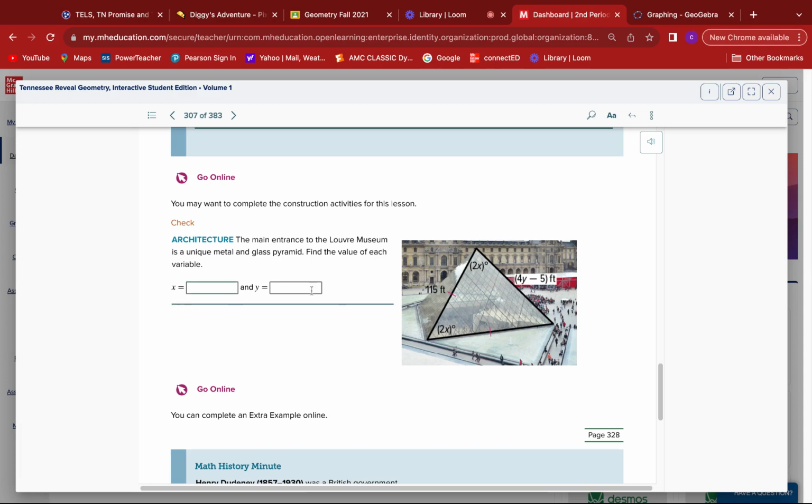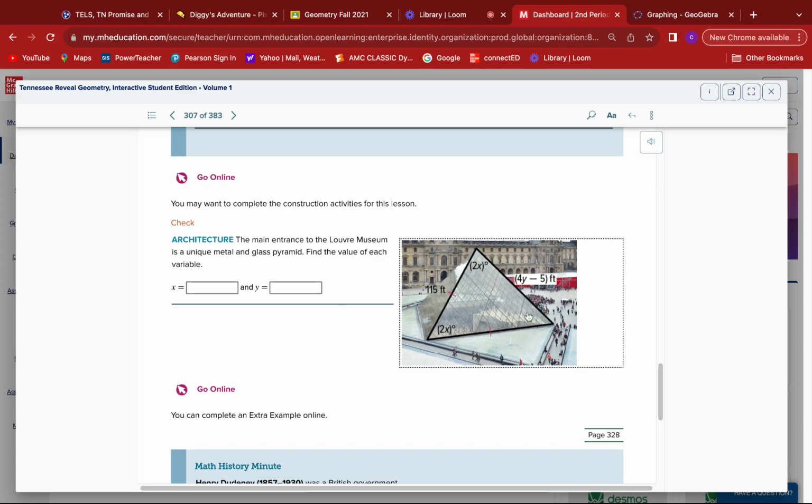Okay, so let's see. I've got 2 that are marked equal here. This 115 side and this 115 side will be equal to each other, which means these 2 angles right here are equal to each other. So if this is a 2x, this base angle will also be a 2x.